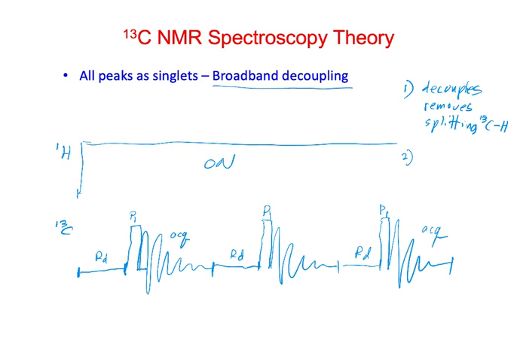So we are going to generate NOE, and this goes from the protons, because that's what we're decoupling, to the C13. This is an enhancement: the NOE causes an increase in the size of the signal of the nucleus that's receiving it. It's going to increase the size of the peaks that have protons attached.